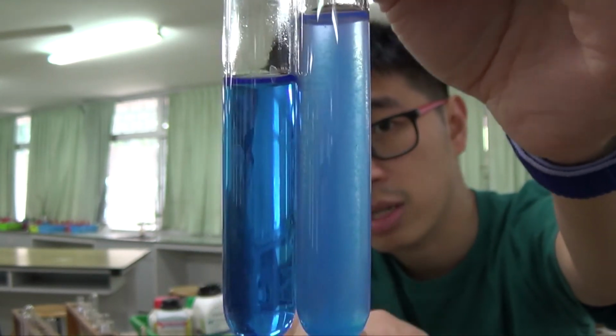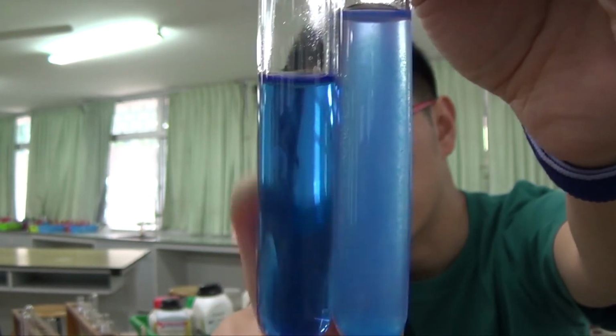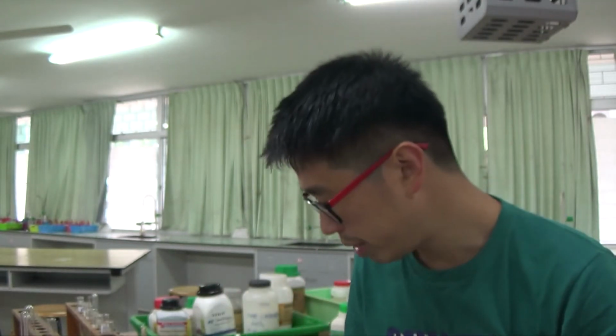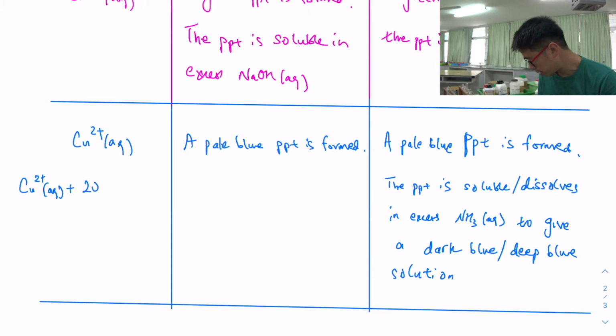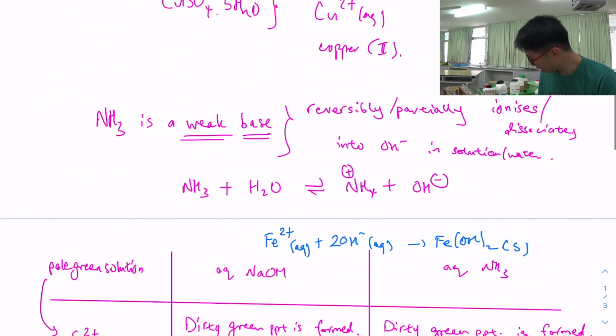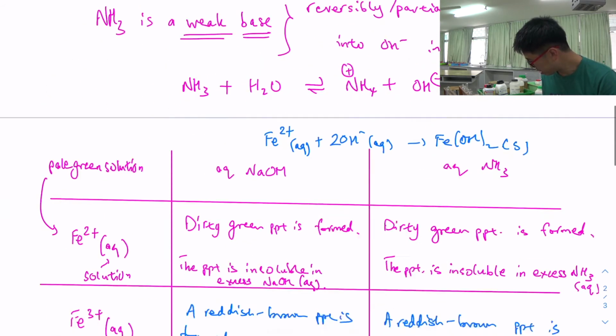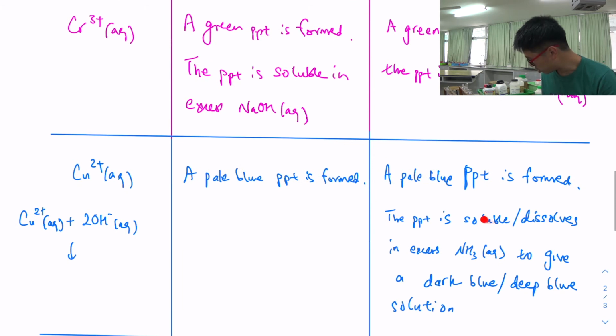You see the suspension, but in excess NH3, the copper 2 hydroxide, which is the precipitate by the way, forms when you have copper 2 plus aqueous plus 2 OH minus aqueous. Remember that ammonia is a weak base. We talked about it earlier. Ammonia is a weak base, it gives you the hydroxide.